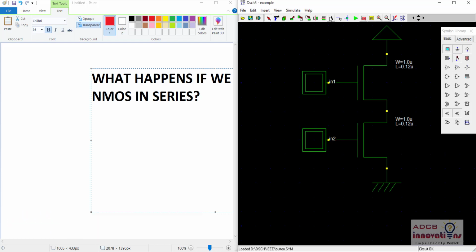We are giving two inputs because we need to see all the four cases, that is when one is off and the other is on and vice versa, and when both are on and both are off. Here I am connecting my LED.